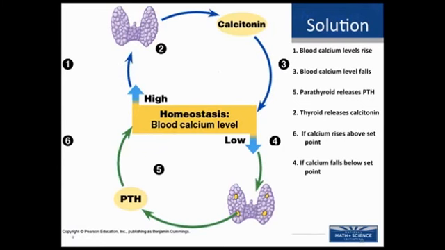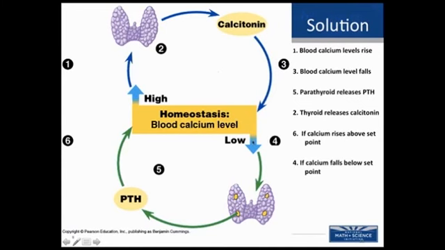Hopefully your solutions look something like this. We're at area number 1 in this representation. It indicates a blood calcium level rise. When that happens, the thyroid gland here, shown at number 2, will release the hormone calcitonin. That's going to cause blood calcium levels to fall and return to a homeostatic level.